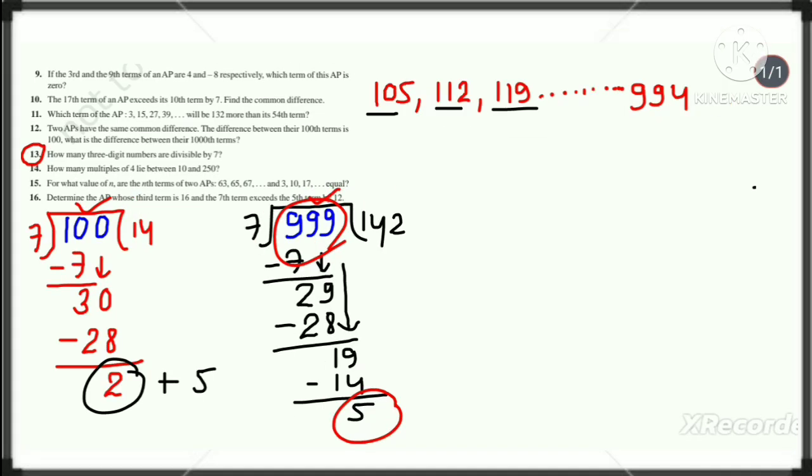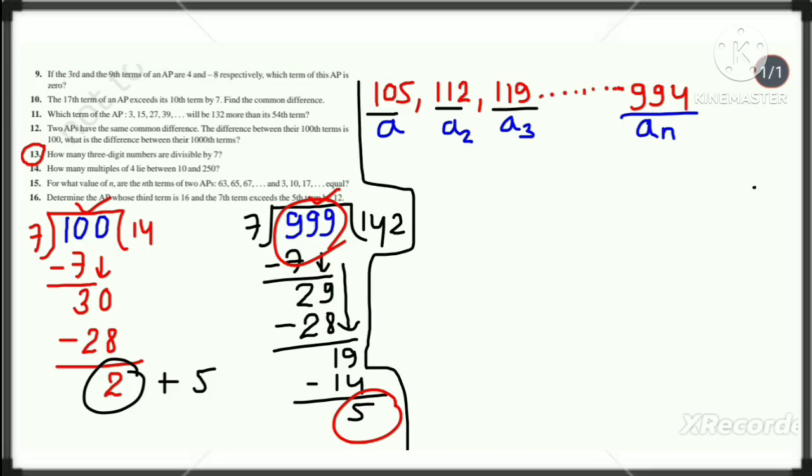Okay students, in this way we have obtained a sequence of numbers, and in this sequence this is A, this is A2 and this is A3 and it continues till 994. So it is the last term of this sequence denoted by AN. Now let's list out whatever we have.